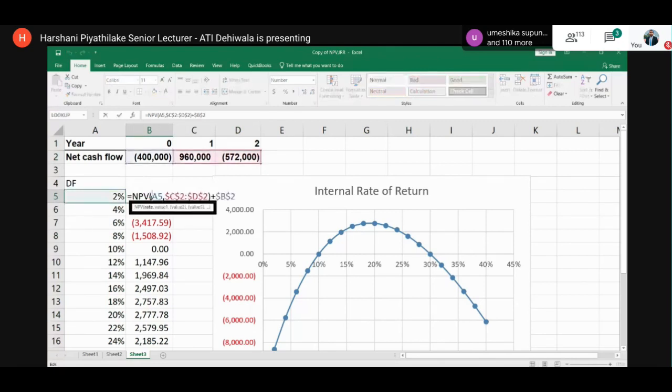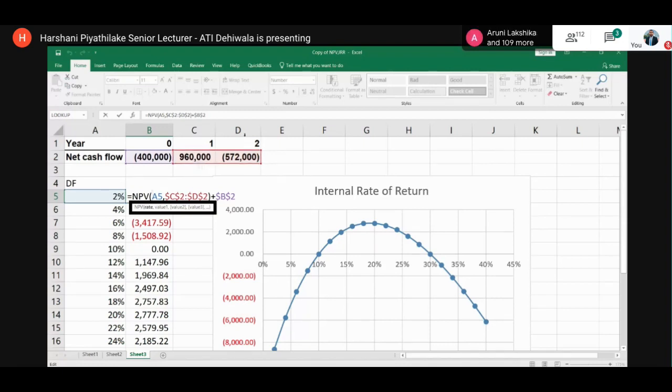Yes, because actually that 572,000 negative figure is coming at the end of the second year. But the 400,000 negative cash flow is now. Now we are investing 400,000. After the end of the first year, it's coming positive 960,000.